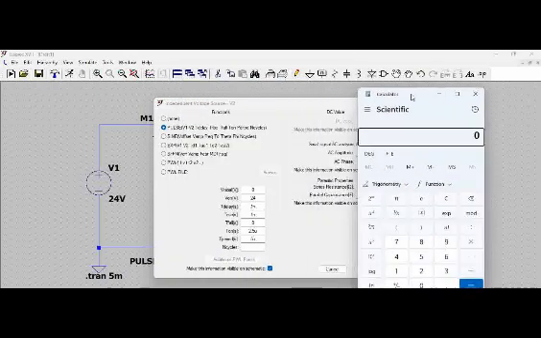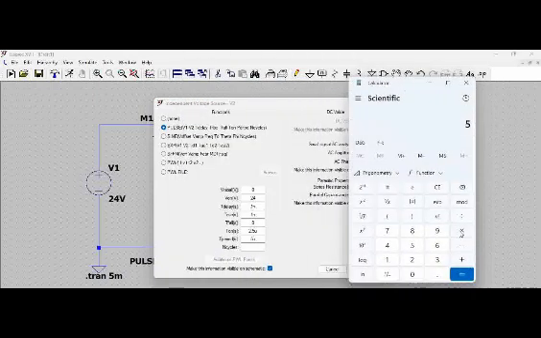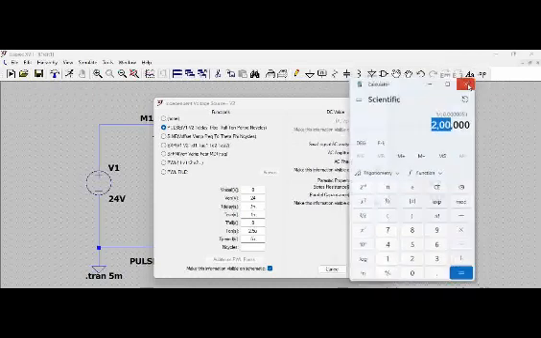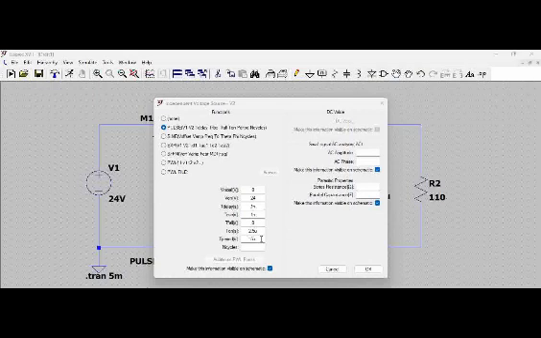Now for beginners, they always tend to struggle with mathematics, right? 5 times 10 to the power of minus 6, which is 0.005 milliseconds, is nothing but 200 kilohertz. So 5 microseconds is nothing but 200 kilohertz, and the t on period is 100 kilohertz, which is exactly half. That means we are using a 50% duty cycle. So it is almost expected that the output voltage will be half of the input voltage. So this is simply determined, right?